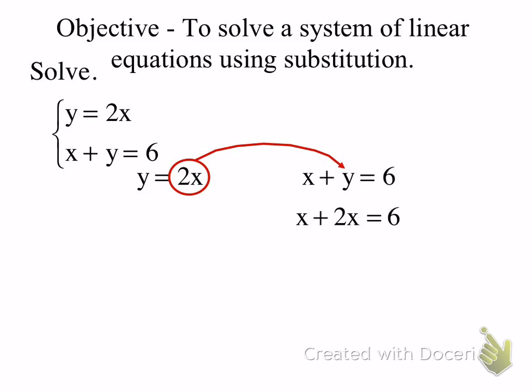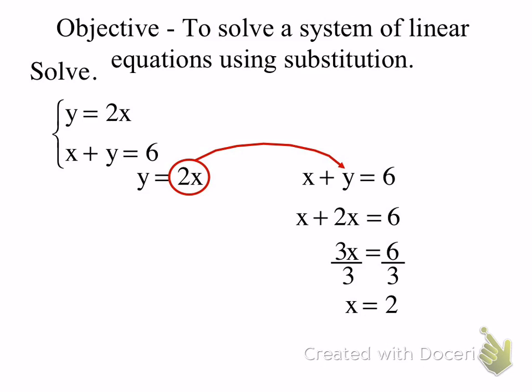Now what I have is 3x equals 6. We're dividing both sides by 3. And what we've done by substituting is eliminate one of the variables and solve for the other variable.